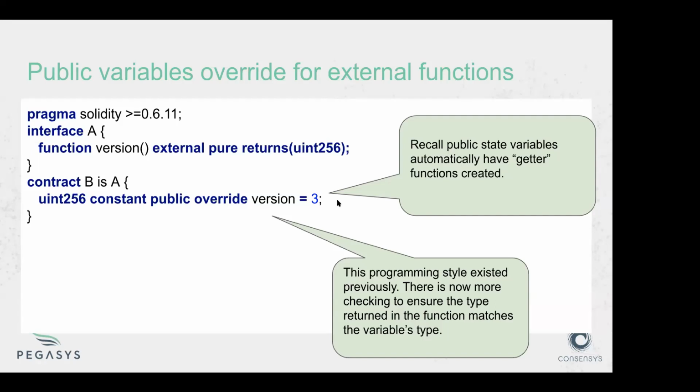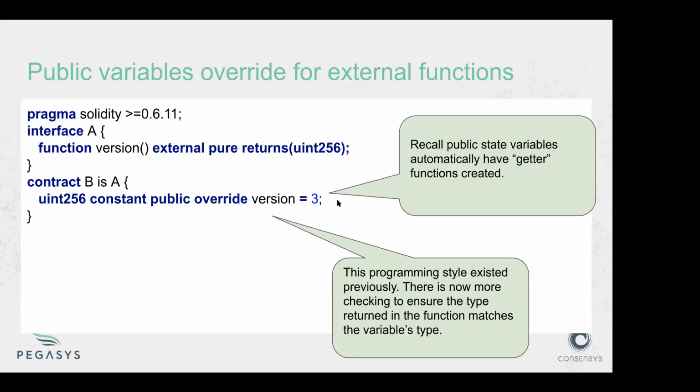So in an interface, you can define the actual function that would have been created, and then in the derived contract, B, you define that constant as override to indicate that you realize that the function that's created automatically for this variable is going to be overriding that function that's defined in the interface there.